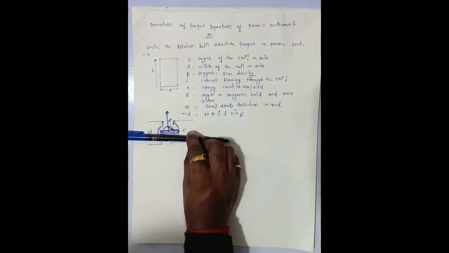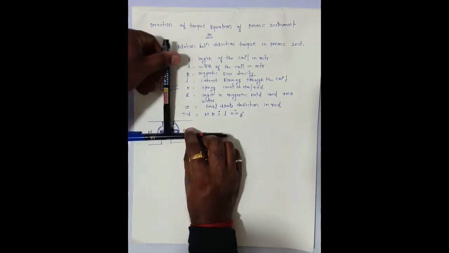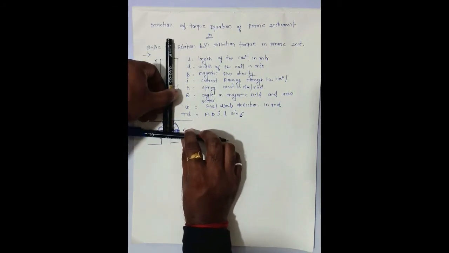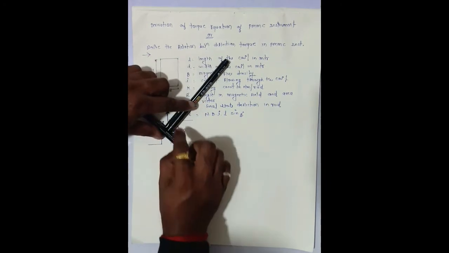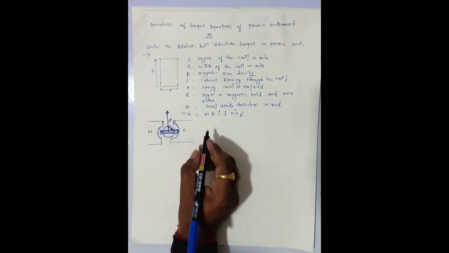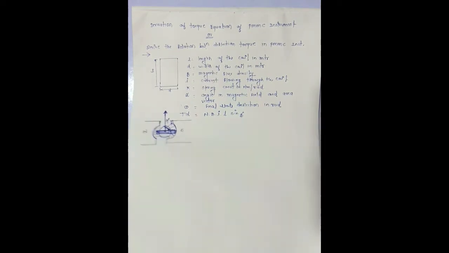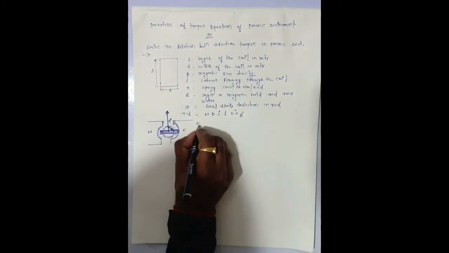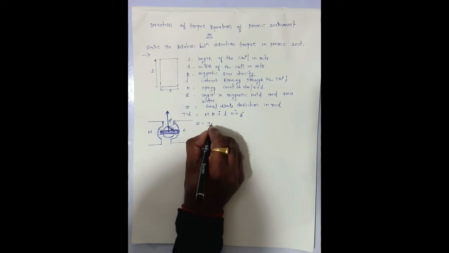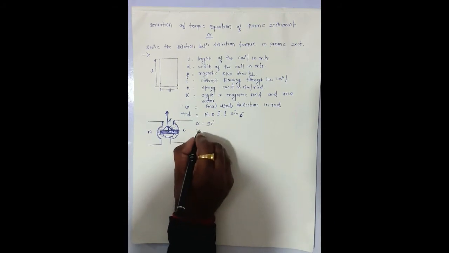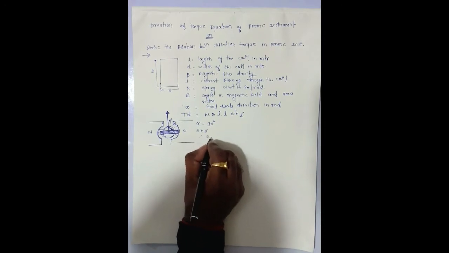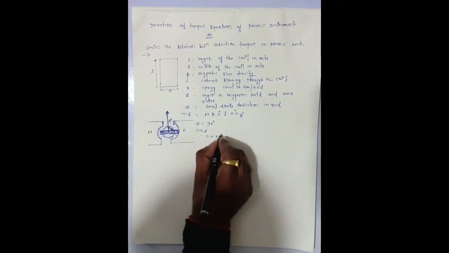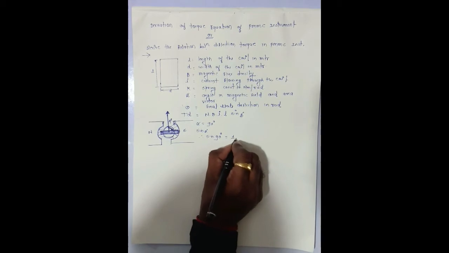If it changes its position like this, then also it makes an angle of 90 degrees. So the value of alpha is always 90 degrees. As we know, sine 90 degrees is always equal to 1.